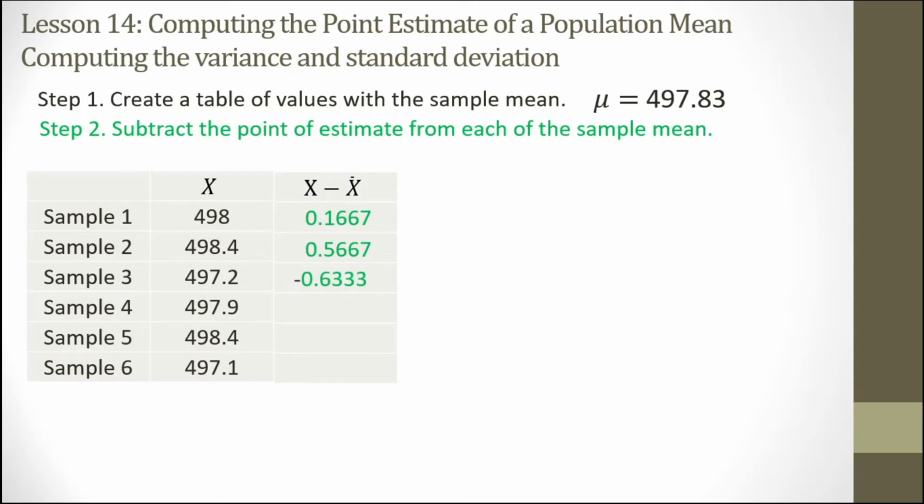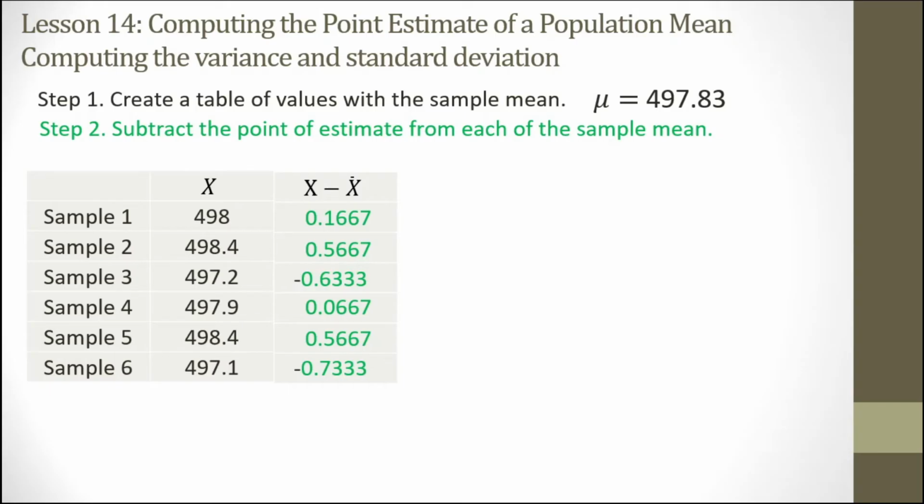Next? 0.0667. Careful tayo sa decimal. Next? Very good. 0.5667. How about the last one? Very good. That is negative 0.7333. Nakuha ba? Okay, good.